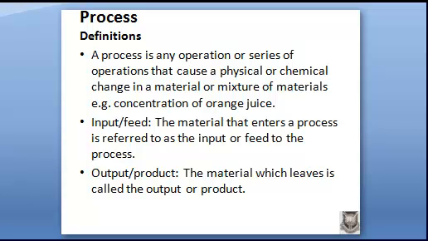Example is concentration of orange juice. The material that enters a process is referred to as the input or feed to the process, and that which leaves is called the output or product.